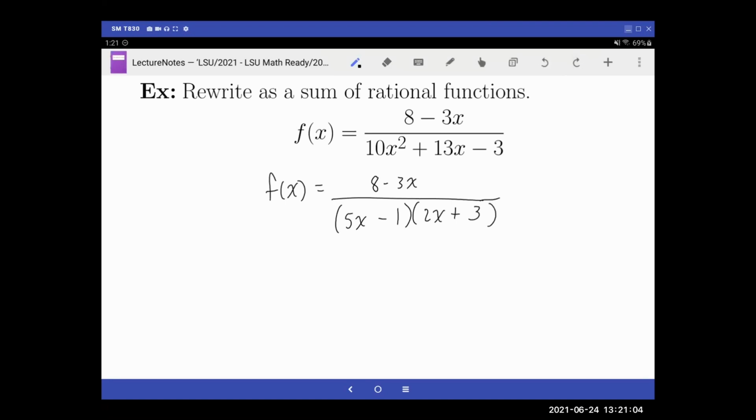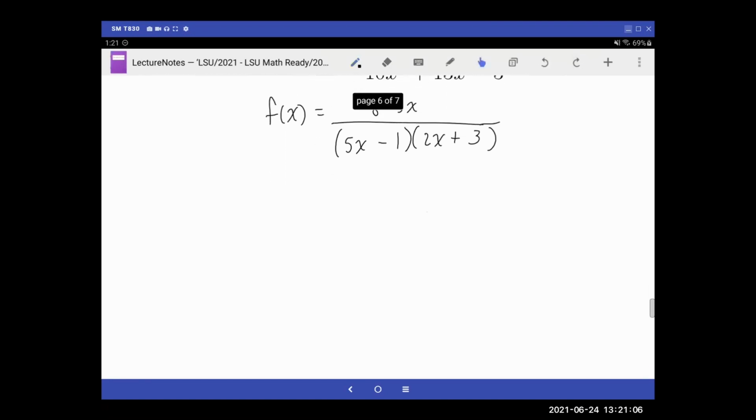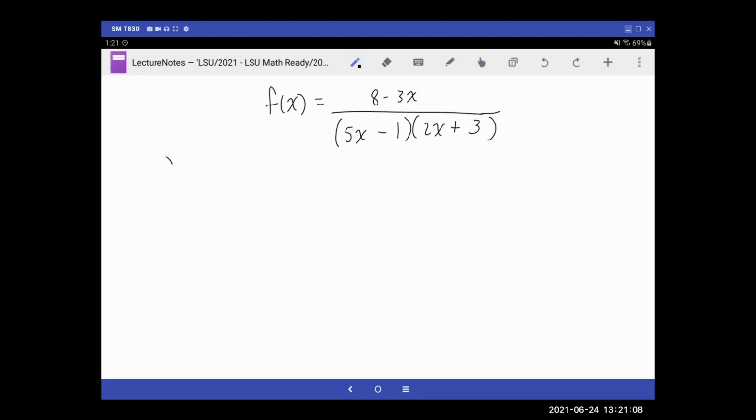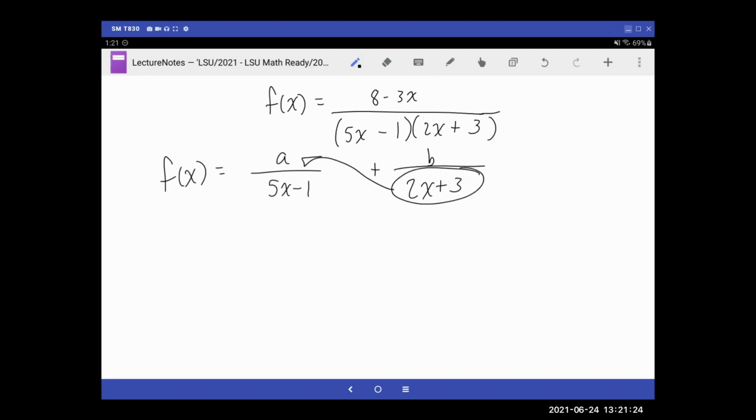Okay, and then you can picture the new function having a fraction a over 5x minus 1 plus b over 2x plus 3. Without writing it all the way out, remember you multiply this denominator there. We're only going to look at the numerator, so I don't have to write the whole thing out.